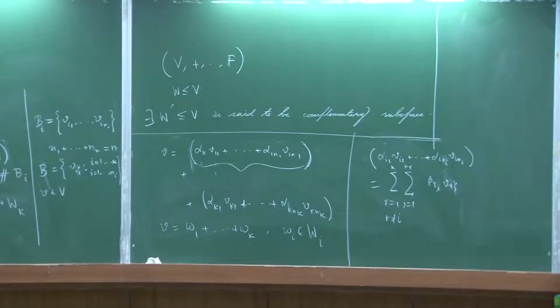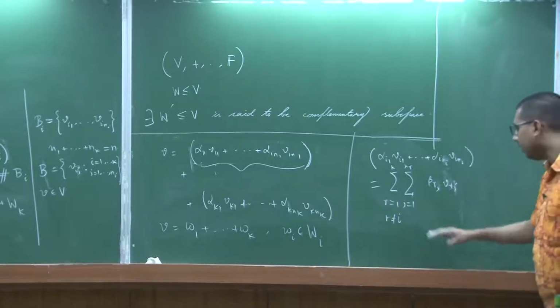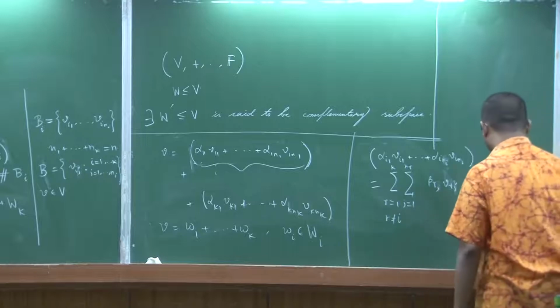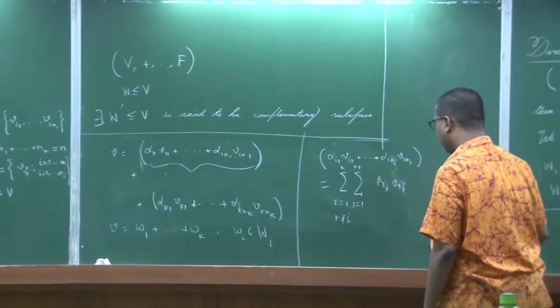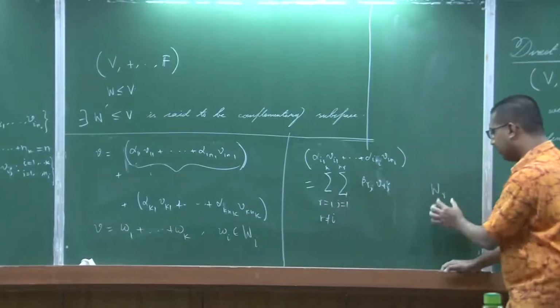So, a typical vector in W_r where r is not equal to i will look like this.